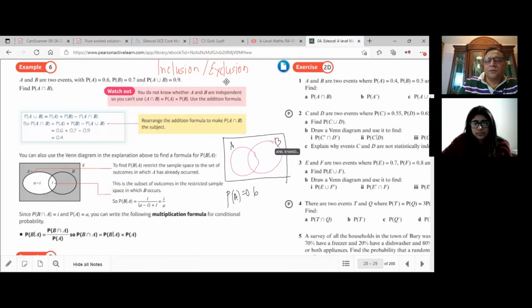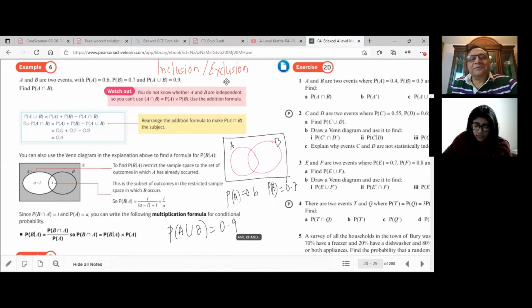We're saying probability of B is 0.7. And we are also given that the union is only 0.9. So probability of A union B is given to you as 0.9. But if you add 0.6 and 0.7, you get 1.3, right?